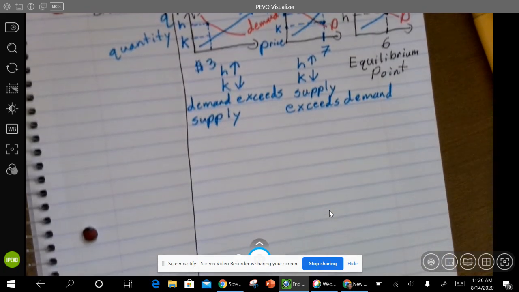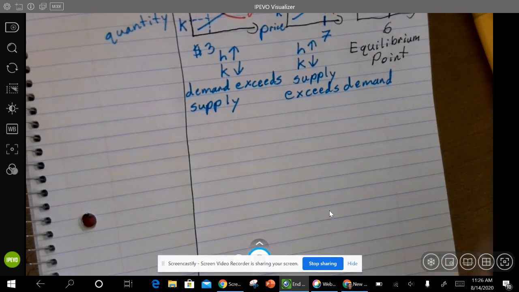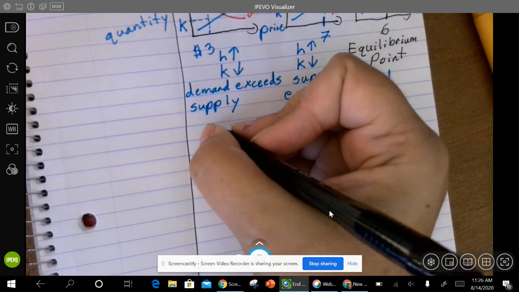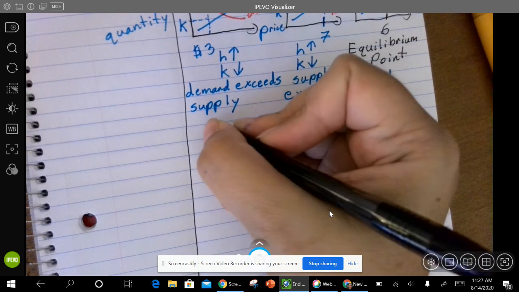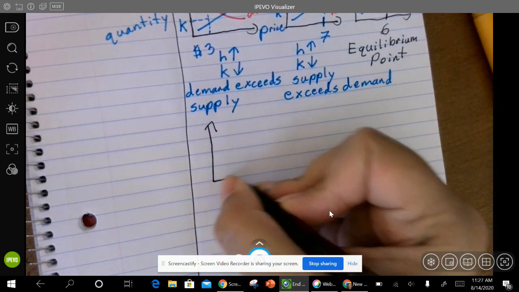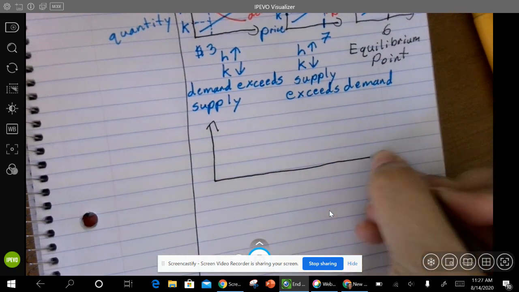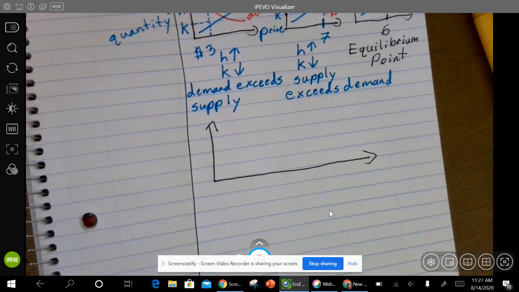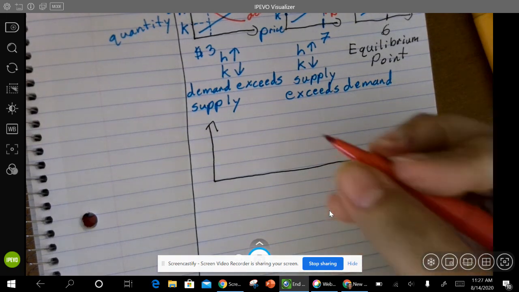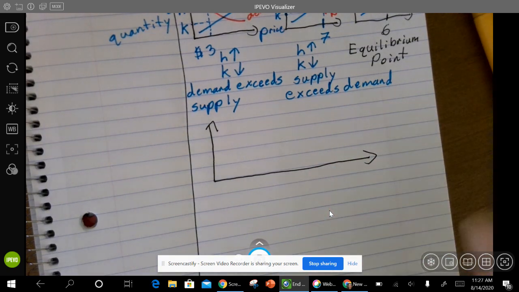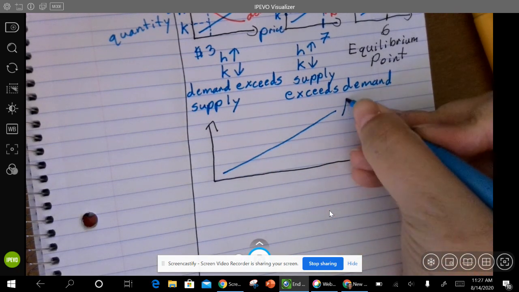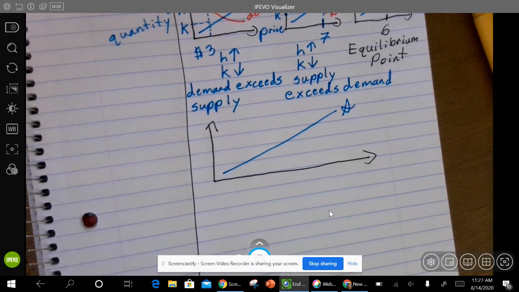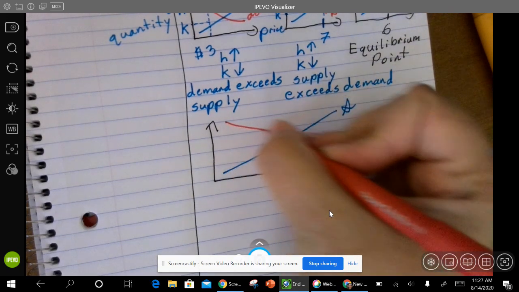Okay, so let's look at an example, everybody. So, start graph. Go all the way over. We're going to have our supply. Okay, that's going to be our supply one, everybody. This is our demand.